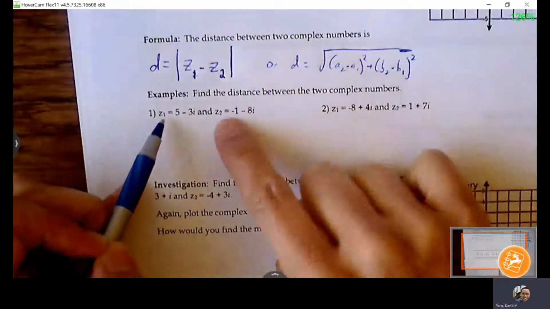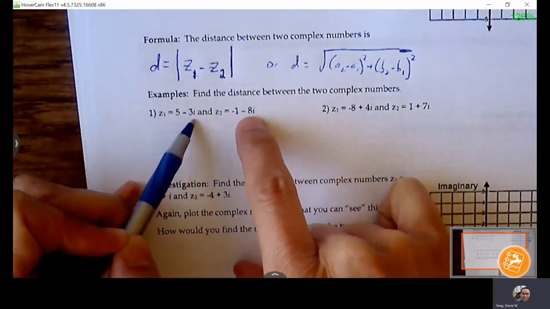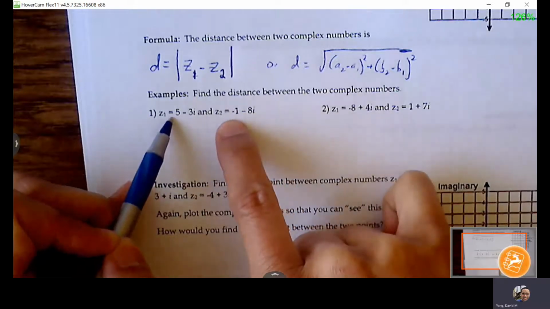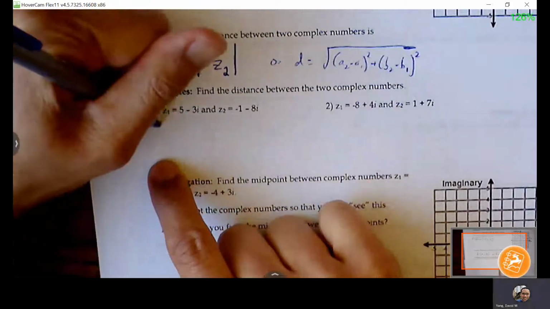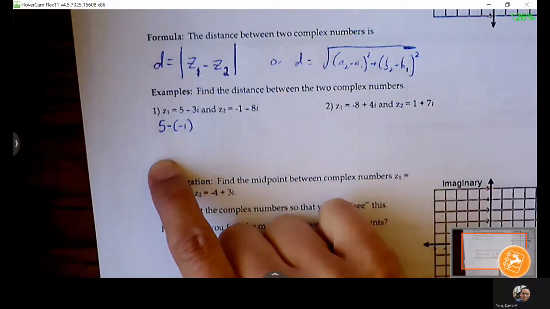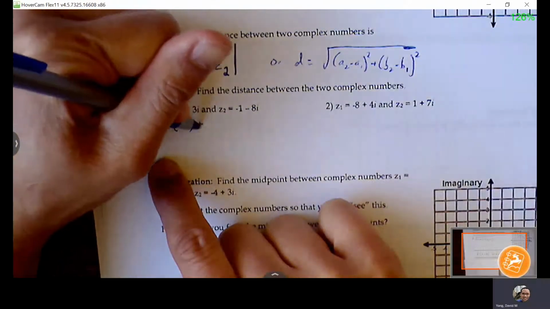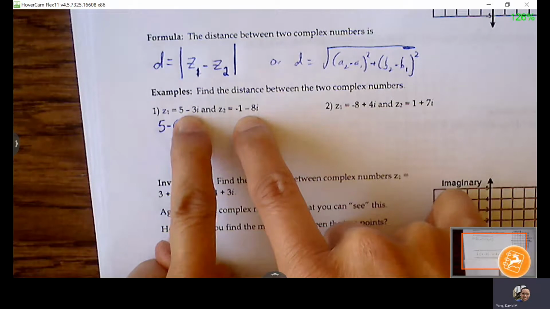We're going to be subtracting the 2. We subtract the real component, and then we also subtract the imaginary component. So we'll do 5 minus negative 1. And then we'll do the same thing with the imaginary component: negative 3 minus negative 8.